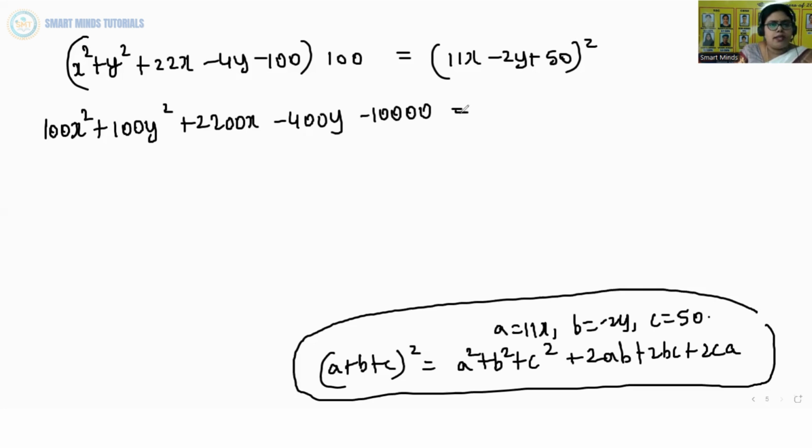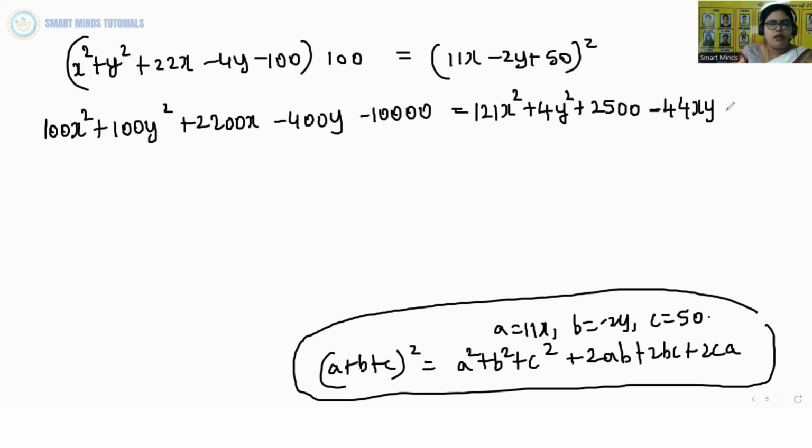So a square is 11x whole square, so that is 121x square plus b square is minus 2y whole square, so 4y square, and c square is 50 square, 2500, plus 2ab. 2ab means 2 into 11x into minus 2y. So minus 2 into 2 is 4, 4 into 11 is 44.